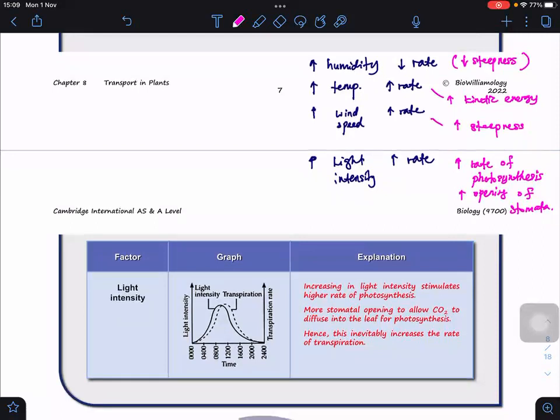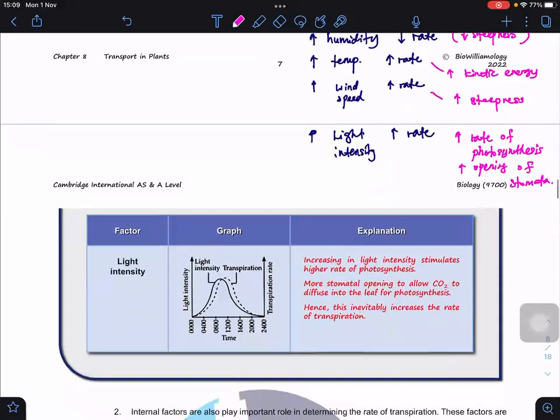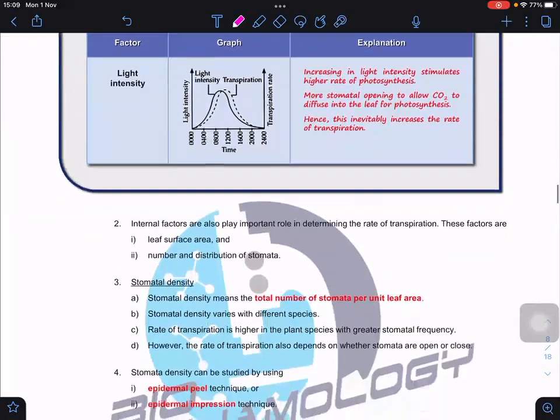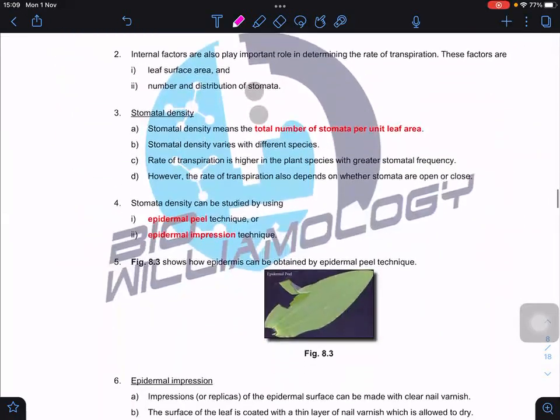Now, not only external factors, we do have internal factors as well. So what are the internal factors that can affect the rate of transpiration? These two highlight the leaf surface area and the number and distribution of the stomata.